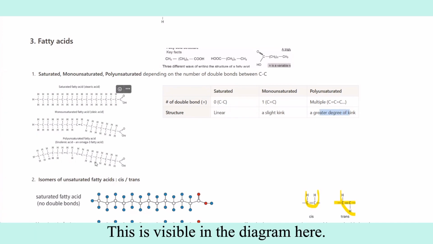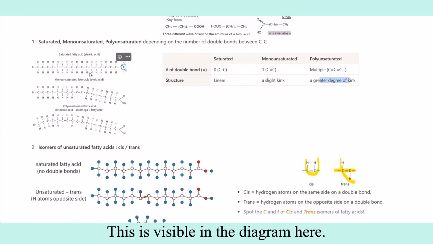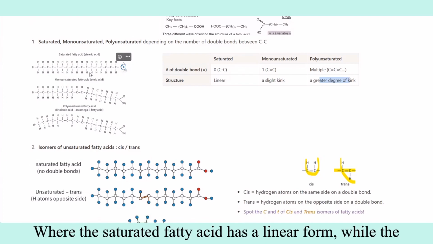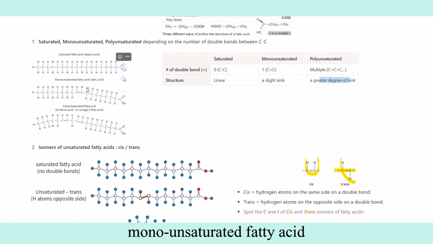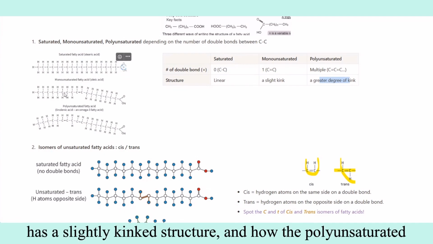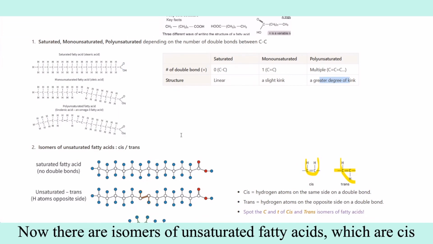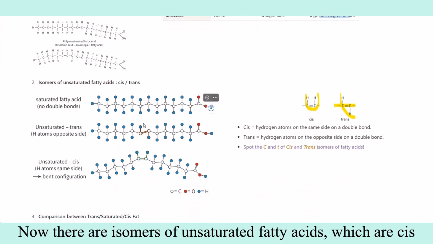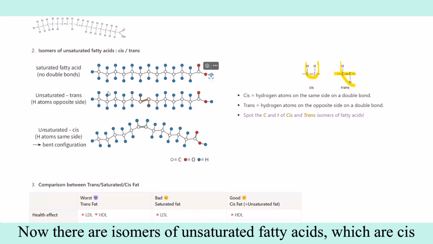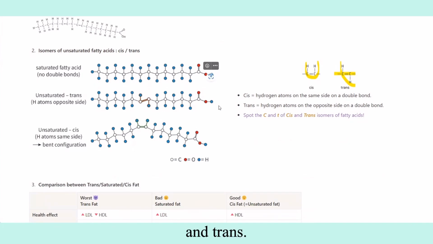This is visible in the diagram here, where the saturated fatty acid has a linear form, while the monounsaturated fatty acid has a slightly kinked structure, and the polyunsaturated fatty acid contains a greater degree of kink in its structure.